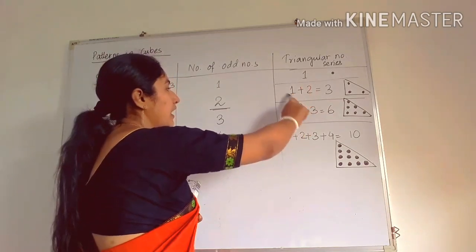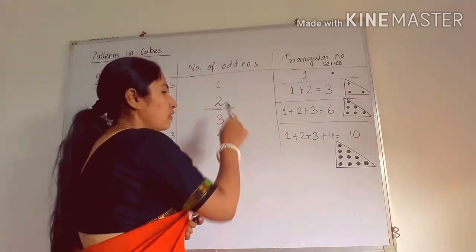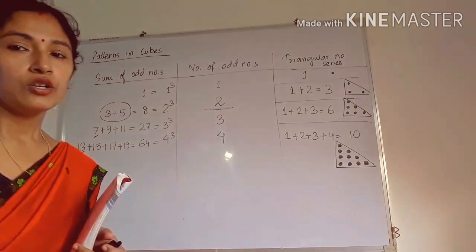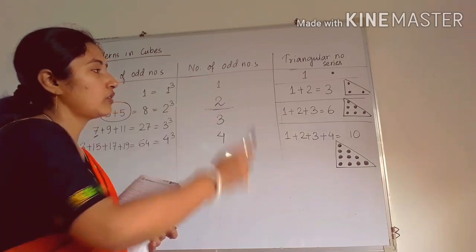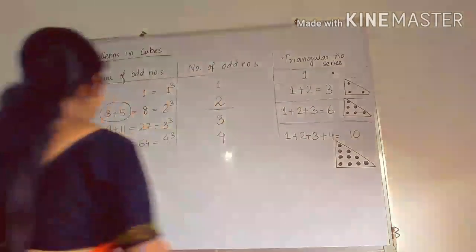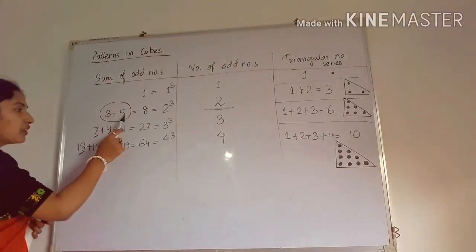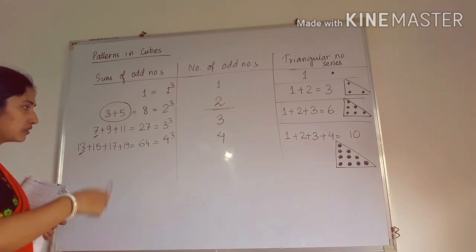Here we are adding 2 numbers, so we have to start from the natural numbers. Natural numbers start with 1. So here I take 1 plus 2, that will be 3, and we can make it a triangular number.